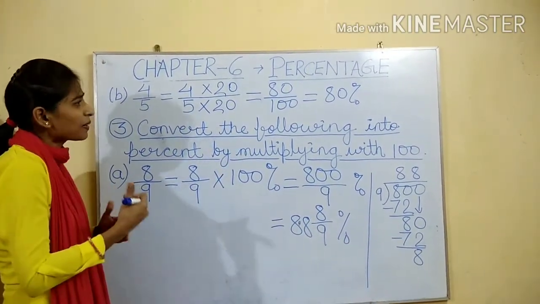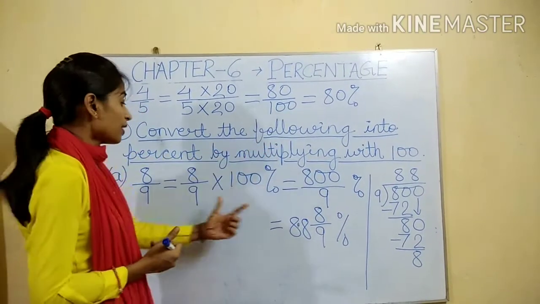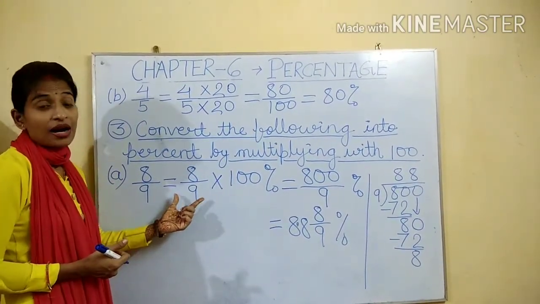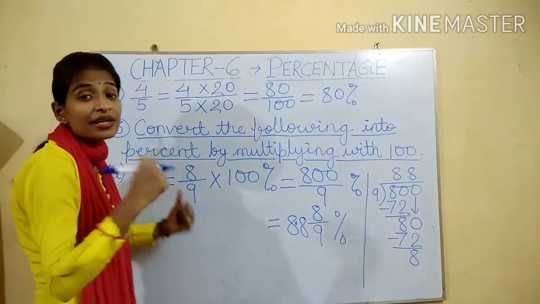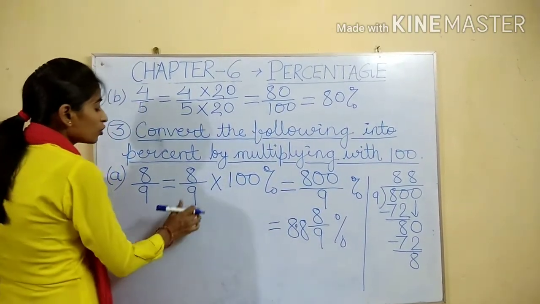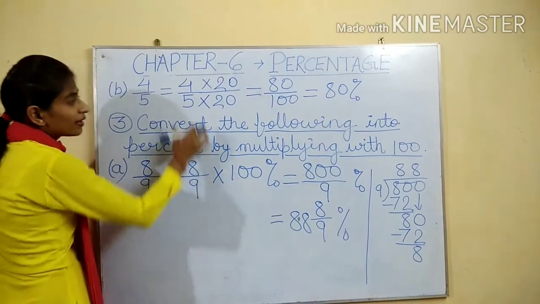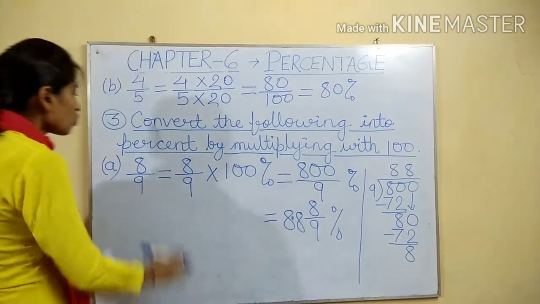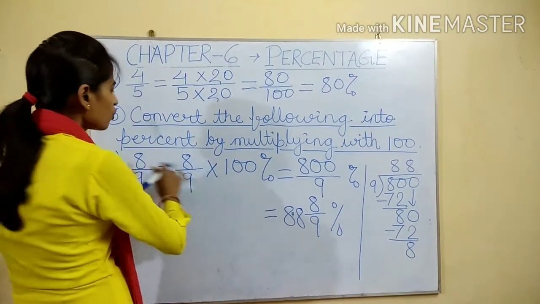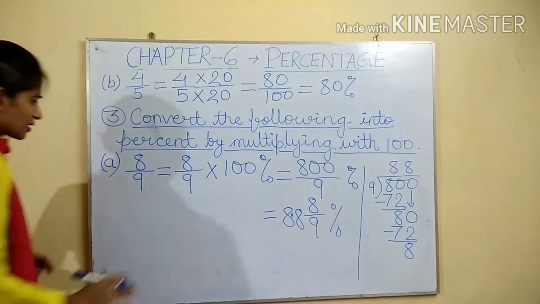So we can multiply it to get 100. But with 9, we can't get 100 by multiplying 9 by any number. So for such a denominator, the previous method is not useful. And this method is useful for all types of fractions.